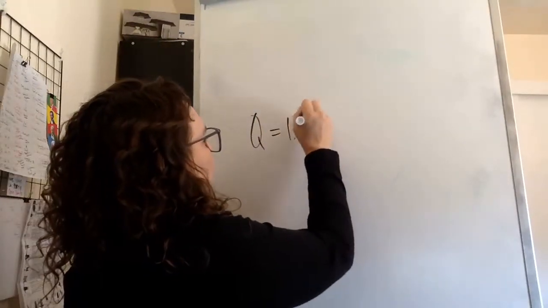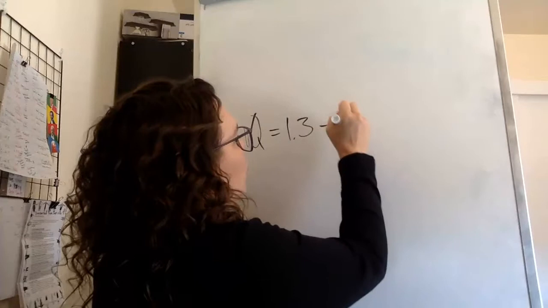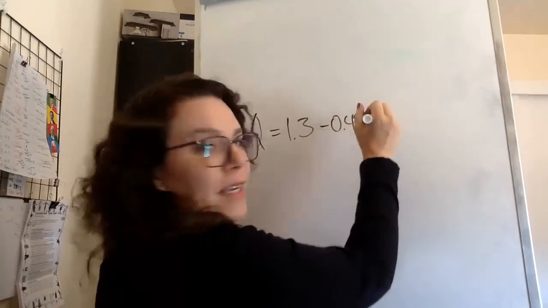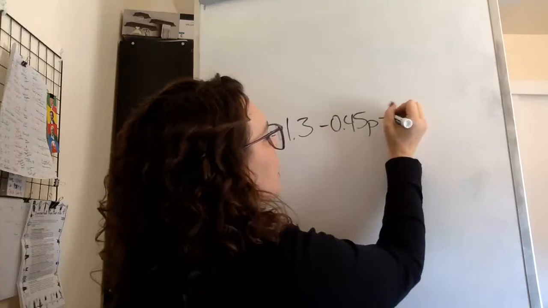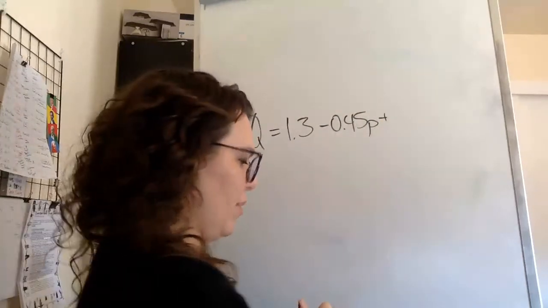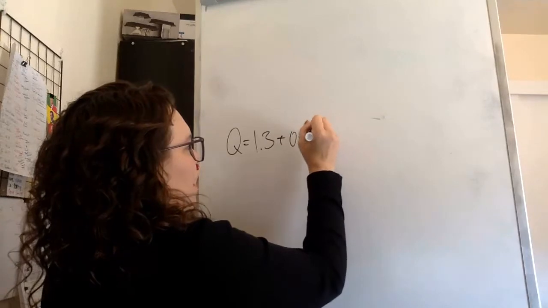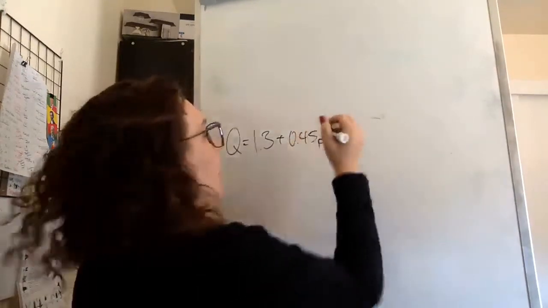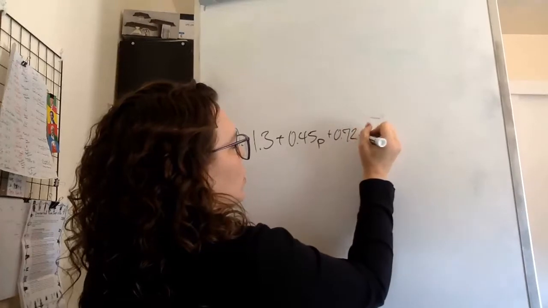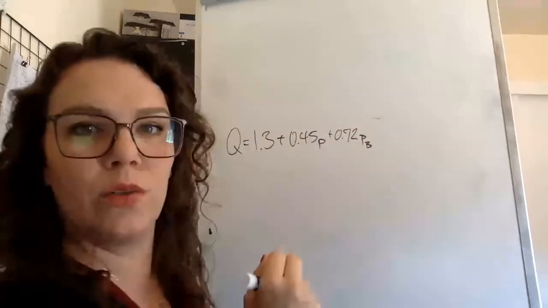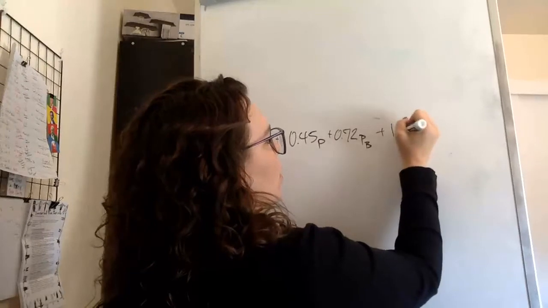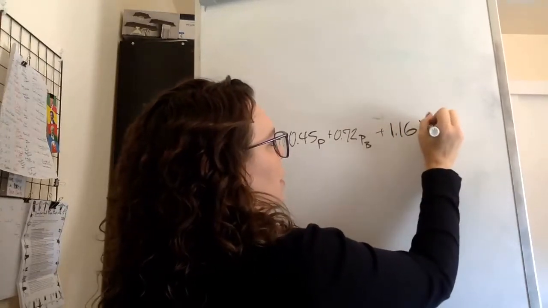Okay, so the demand function is Q equals 1.3 plus 0.45 price of pizza plus 0.72 the price of burritos plus 1.16 times income.